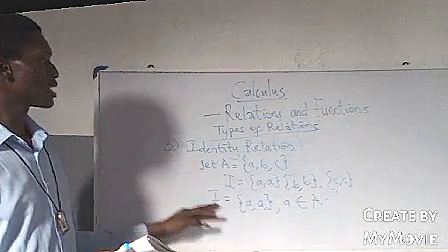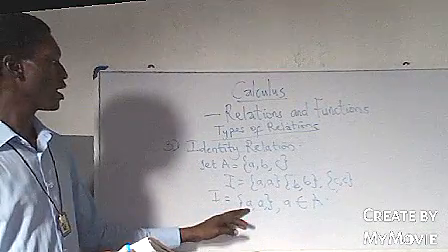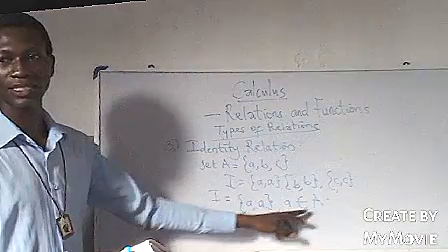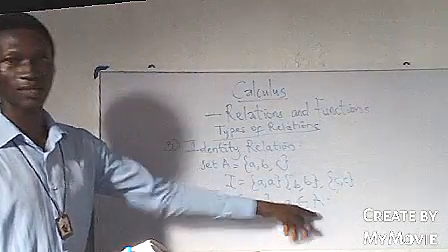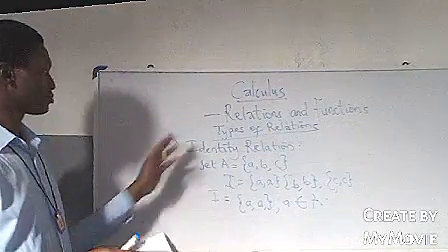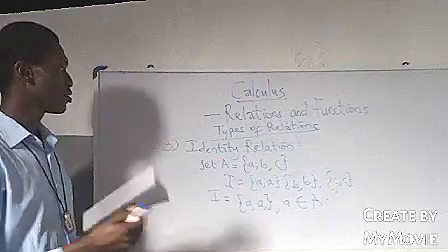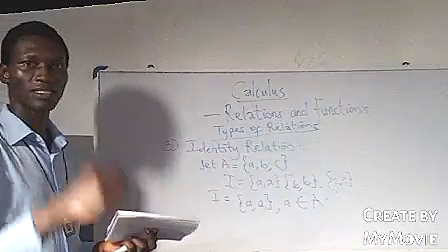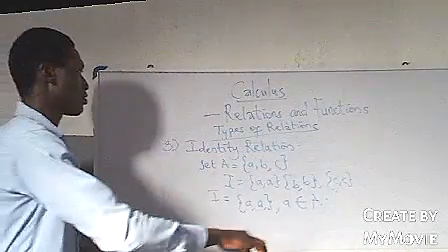So we say that the identity is where A is related to A and where A is a member of set A. So this is the third type of relation, identity relation, where every member of a set is related to itself.